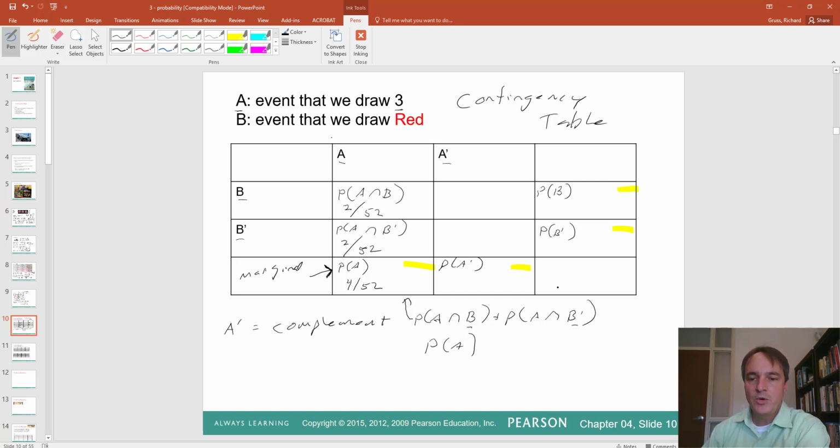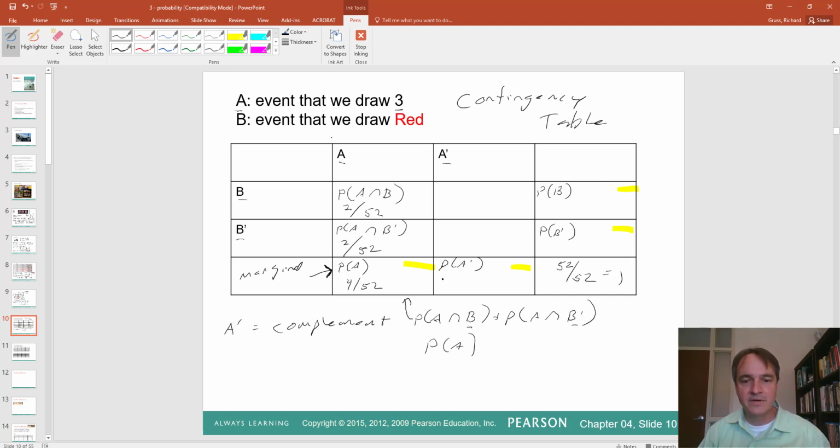Now, we know that the sum total of all of these things has to be 1. So when we add these all up, this is going to be 52 out of 52. So this lower right corner is just always going to be 1. Okay, so because these two events are mutually exclusive and exhaustive, we know that if there are 4 cards that are 3s, that means there's 52 minus 4 out of 52 that are not 3s.